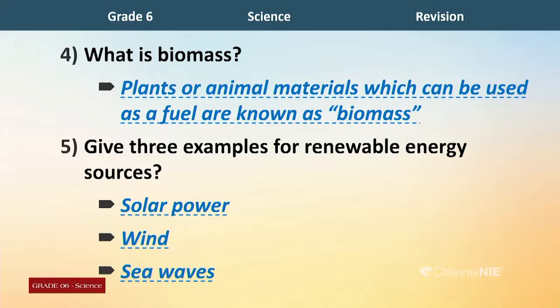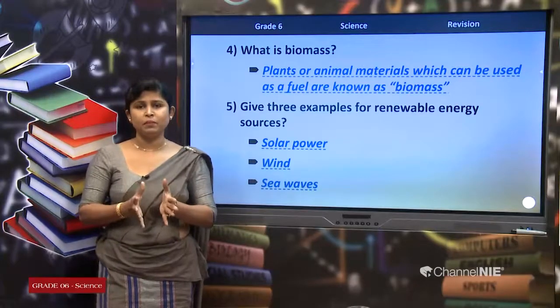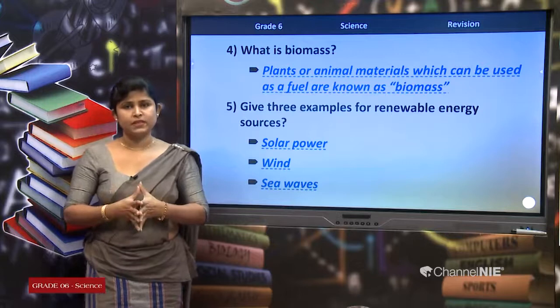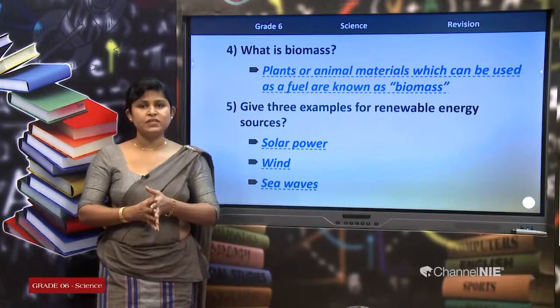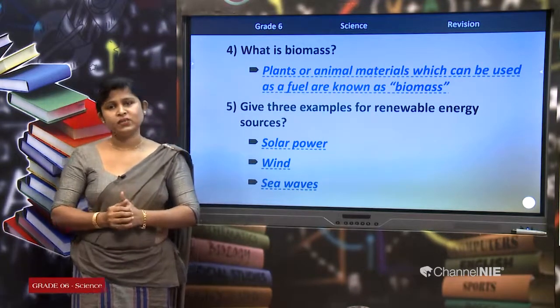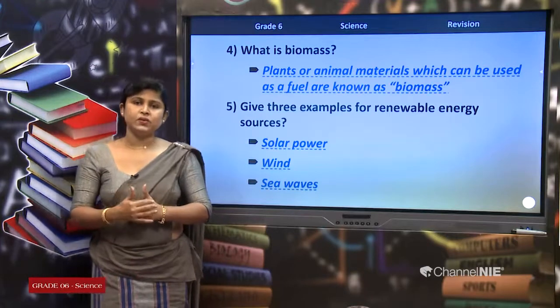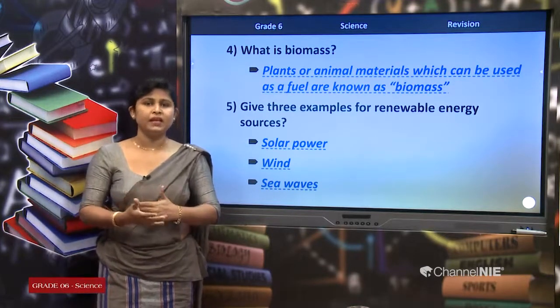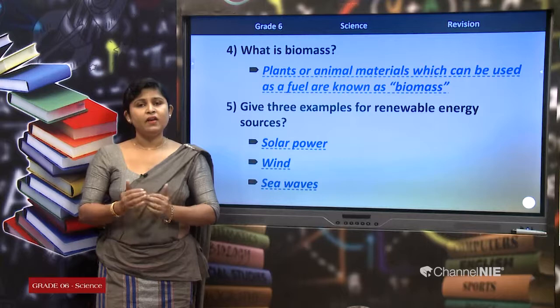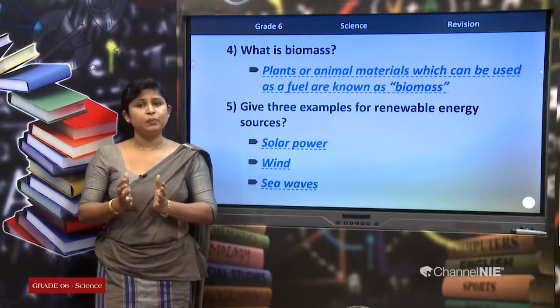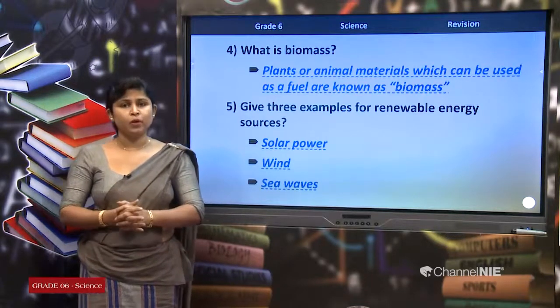Give 3 examples for renewable energy sources. When we are talking about energy sources, they can be divided into 2 groups: renewable energy sources and non-renewable energy sources. Renewable energy sources can be used again and again, but non-renewable energy sources will be over within a very short period of time.